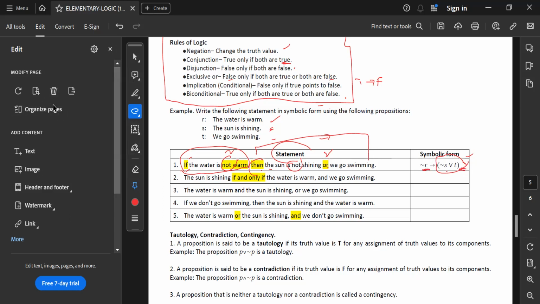And when it comes to grouping, watch the location of the comma. That is your clue when it comes to grouping your answers.